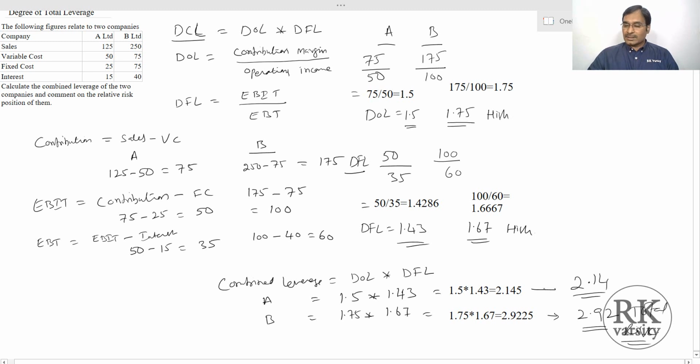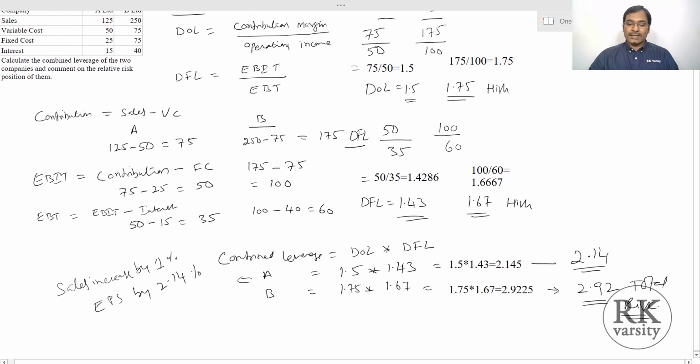What these 2.14 and 2.92 indicate is the relationship between sales and earnings per share. Let us take an example of company A. If company A's sales increase by 1%, its EPS will increase by 2.14%.